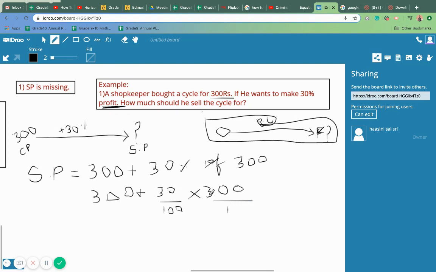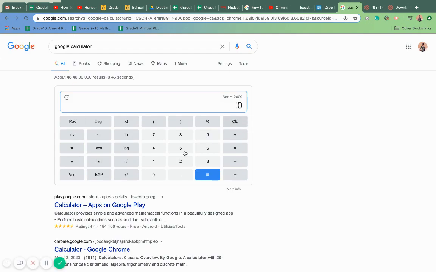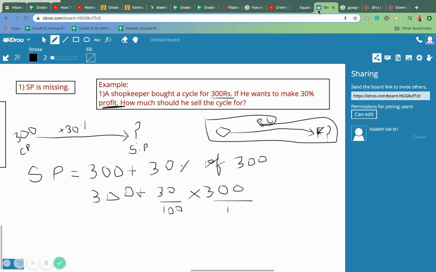Or I can just solve this in a calculator. Let me try solving this particular portion in the calculator. So I am going to do 30 divided by 100. Yes, this should be multiplied with 300. Is it 300 or 3000? It's 300.